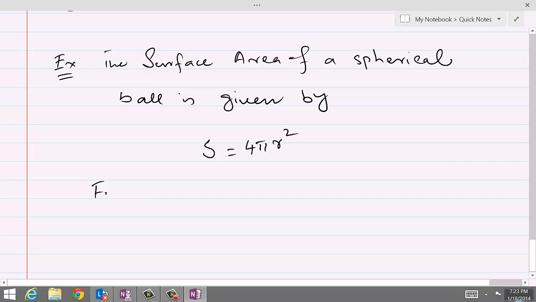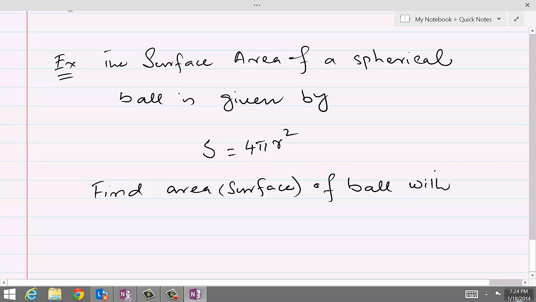Find area, means surface area, of course. Find surface area of ball with diameter equal to 10 centimeter.